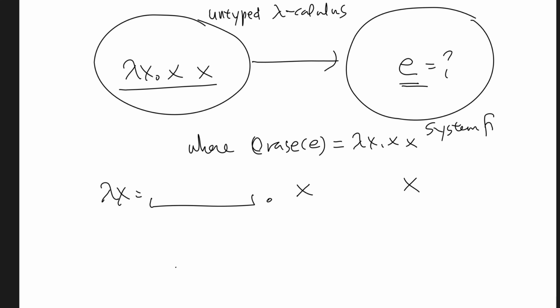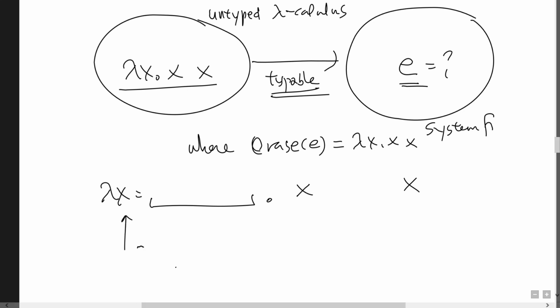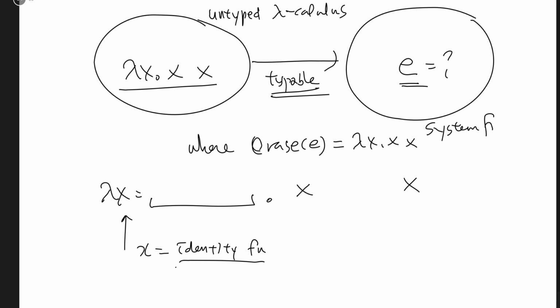But this is typable actually. This is indeed typable in system F. And the idea is that we'd like to consider this variable x as an identity function. So remember that from the previous lecture, in system F, the type of a given expression might be able to tell you what the expression is doing.